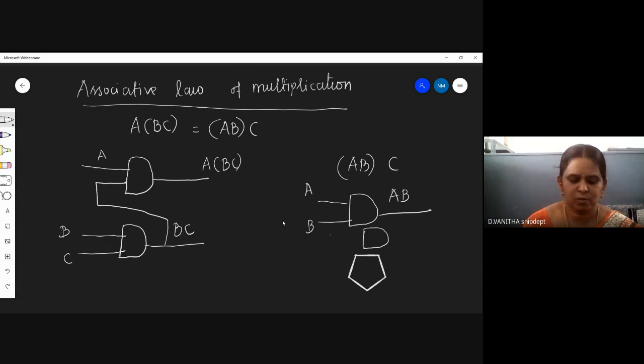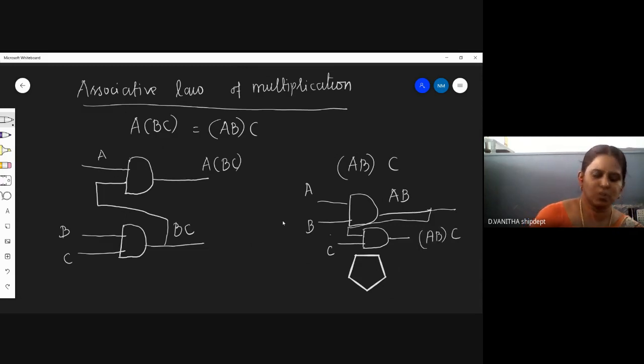So this is for A, and second we want C. Here we have to take C. The output of this is taken as the first input of the second AND gate. So here we are getting AB into C. So this is the associative law of multiplication.